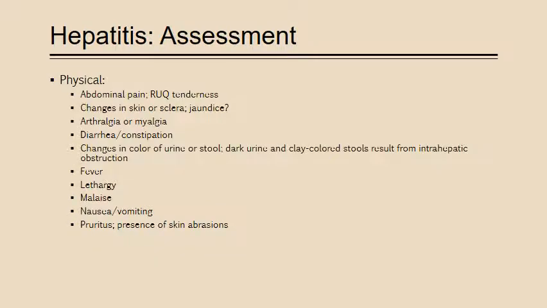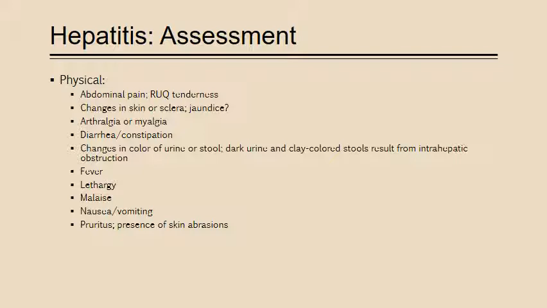For the physical, we want to do an abdominal exam. Is it tender? Where is it tender? Do they have changes in the skin or sclera? Any evidence of jaundice? Look at the whites of their eyes. Are they jaundiced in their eyes? Arthralgia or myalgia, those are the joint problems that can happen as one of the extraintestinal symptoms.